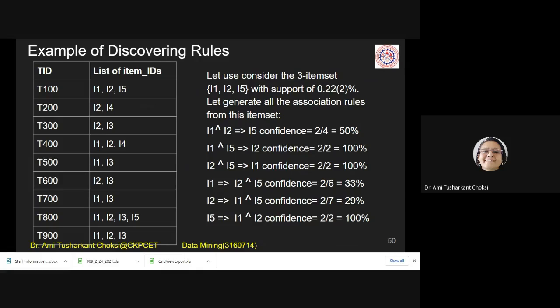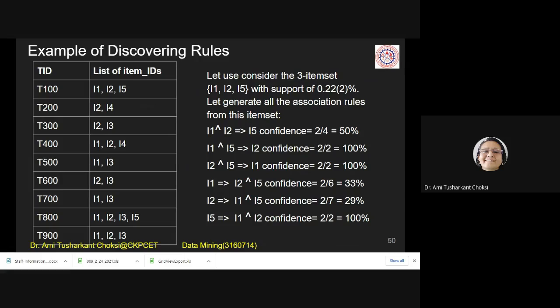Let's see, I1 and I2 implies I5. If we want to find the confidence, we need to find the support count of I1, I2, I5 divided by the support count of I1 and I2, right?